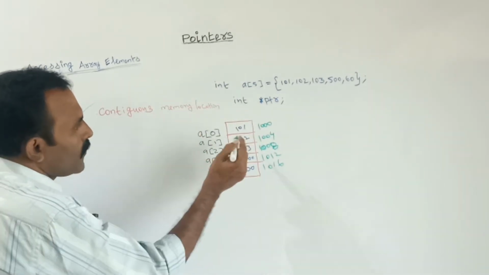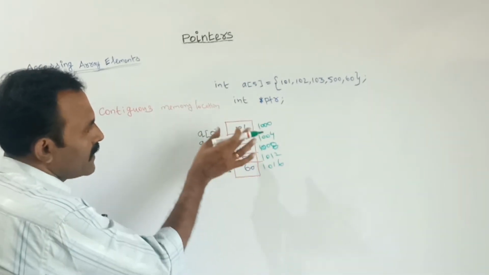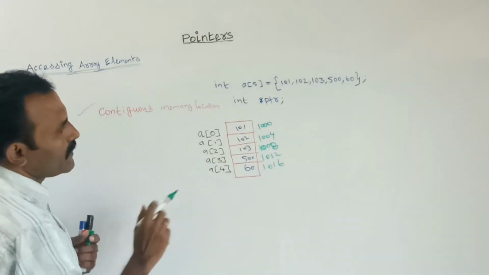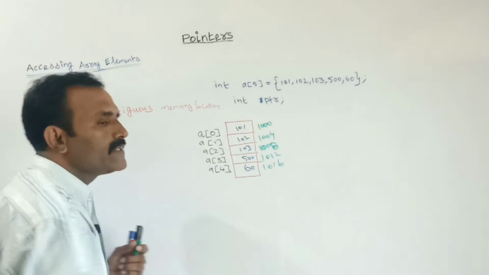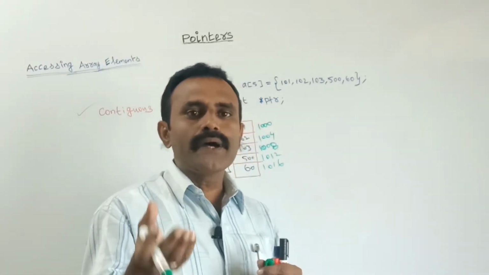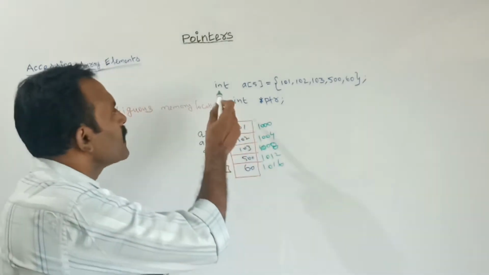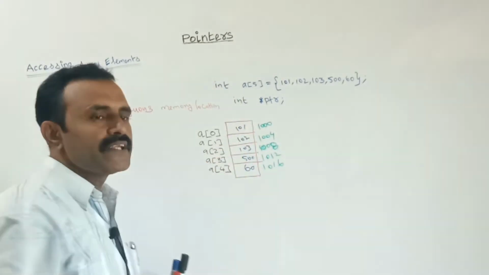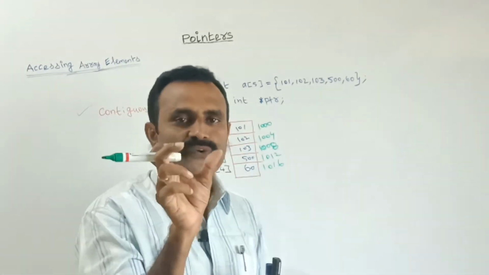Between this element and this element there will be a common border, that is the contiguous memory location. Each and every element holds a number of bytes depending upon the data type. Here it is integer data type, so each element holds 4 bytes.